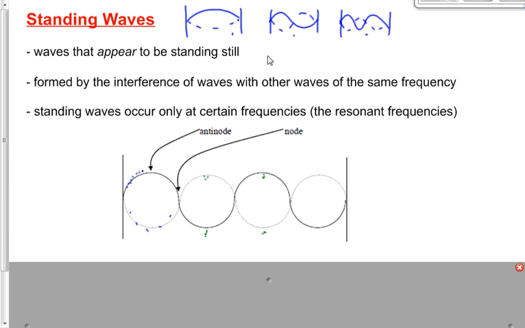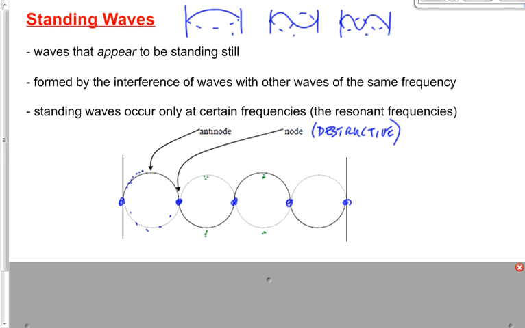But there's certain points that we call nodes where the string isn't moving at all. There's 5 nodes, 1 at both ends, and then 3 in the middle. At these nodes, we have complete destructive interference. And the string isn't going up or down because the crests and troughs are canceling each other out perfectly at that point.